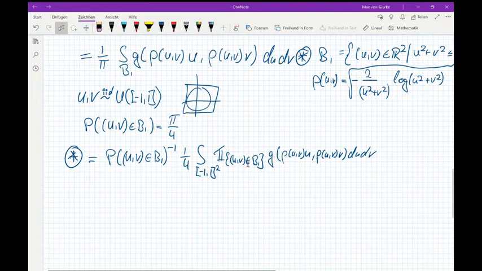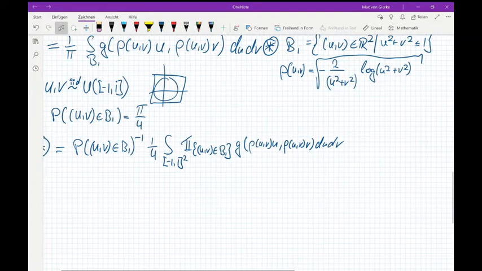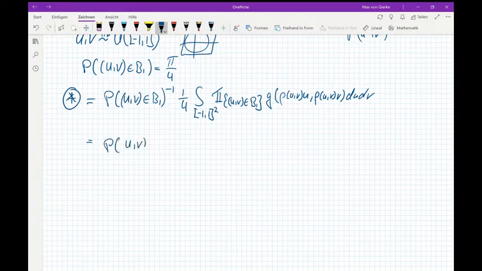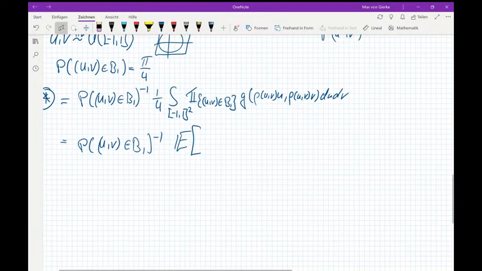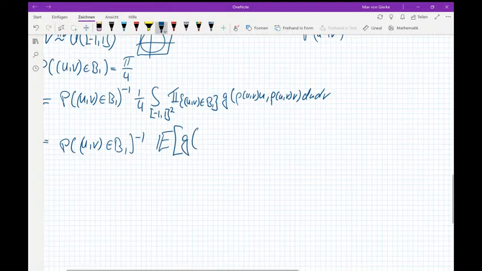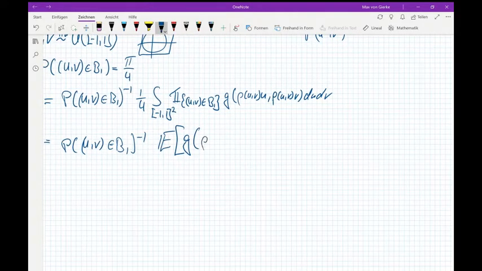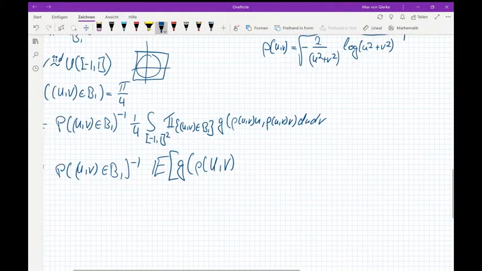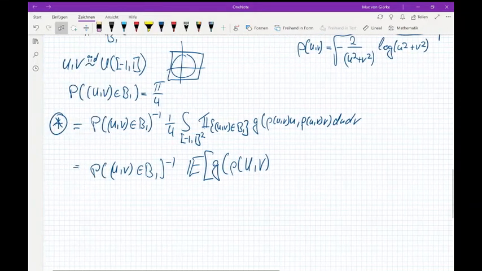So let's see what we have here. We have the probability that UV is in the unit ball times the expectation of g of rho UV times U, rho UV times V. Now we have the capital letters again because these are our random variables up here.